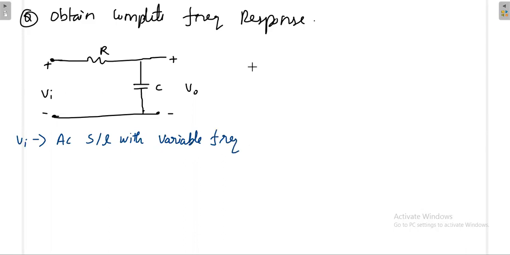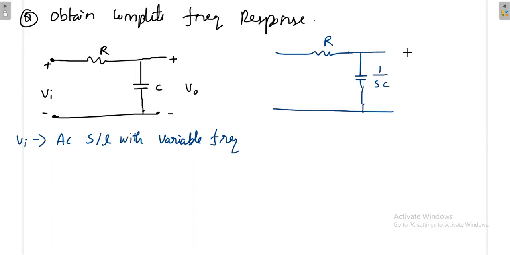Again, you know that in the Laplace transform domain, instead of C we can write 1 by SC. For frequency analysis, 1 by SC, then this is V naught, this is input Vi. Now again we have to analyze the output voltage due to the input voltage.